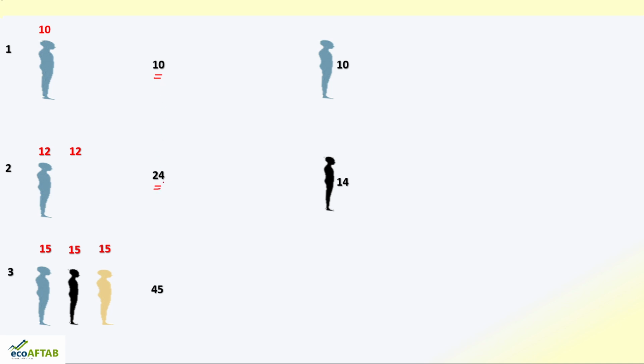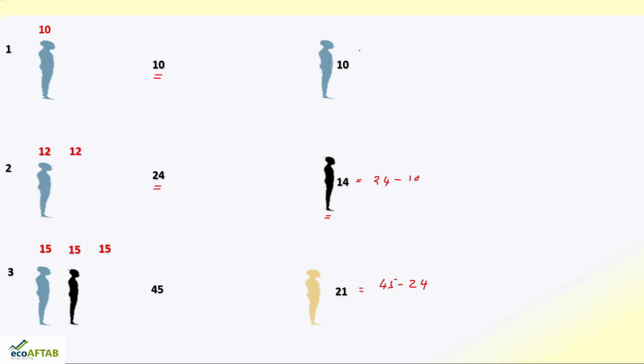24 minus 10 is 14. So the contribution of the second laborer is 14. Similarly, what is the contribution of the third laborer? The contribution of this third laborer, you can see here, is 21. How did we get 21? Again the same thing, the addition made to the total product by the third laborer, that is 45 minus 24, which is equal to 21.